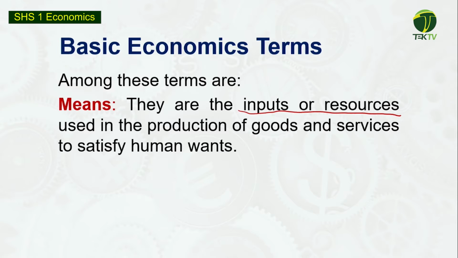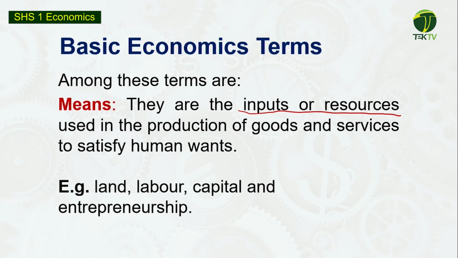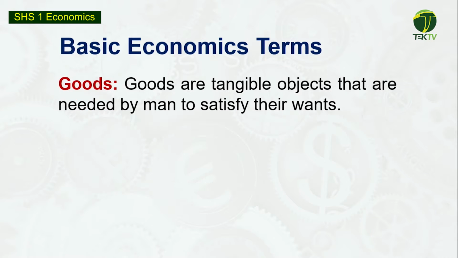Now, you remember back in JHS, you learned about factors of production. And that is what we are talking about here. Good. They are the land, labor, capital, and entrepreneurship.